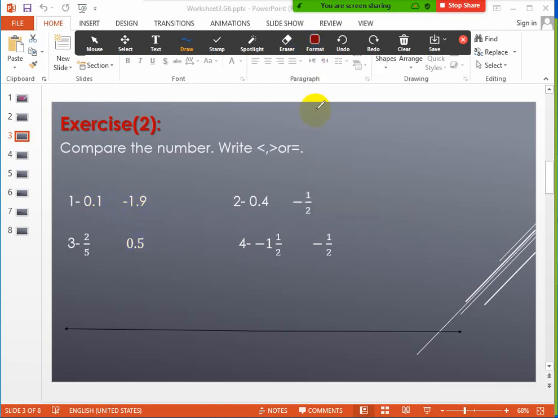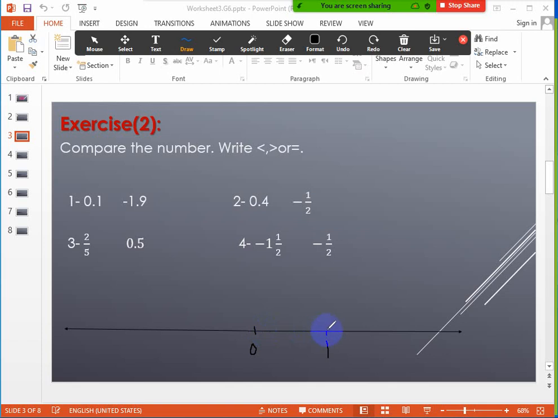If I want to compare between the numbers, you can locate the numbers on the number line. So look, this is a number line, this is the 0 point. As an example, 0.1 will be between 0 and 1. 0.1 is a positive rational number, it will be on the right side of 0, right?